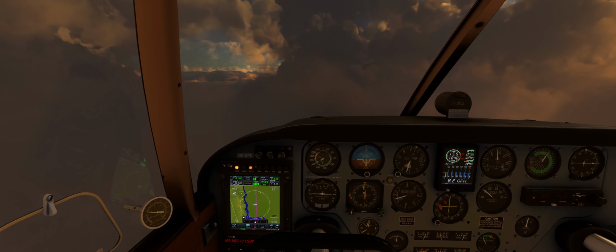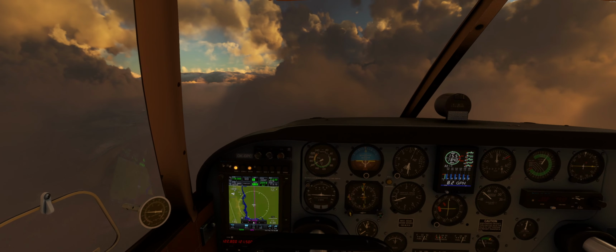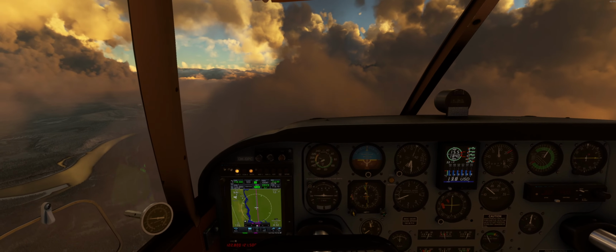Fairbanks traffic, November 36 Foxtrot, on a short final runway 2 right for a full stop landing.